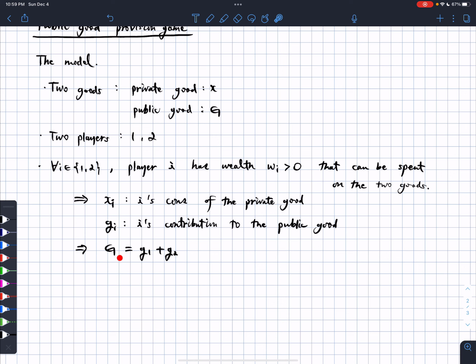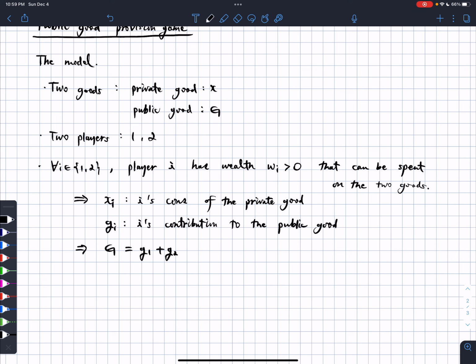And the amount of the public good will depend on the contributions from the two players, g_1 and g_2. Okay, and so here I said player i is born with this much of money, right? And therefore, player i's budget constraint is that his consumption of the private good and his contribution toward the public good cannot exceed this amount of money he has, right?